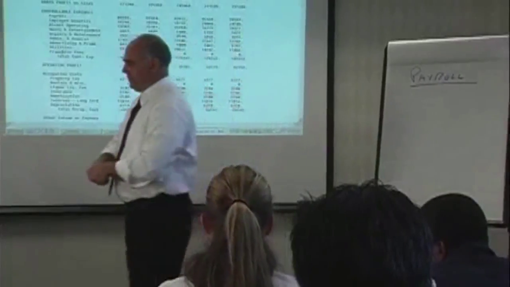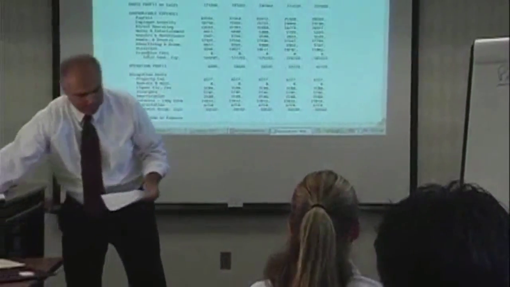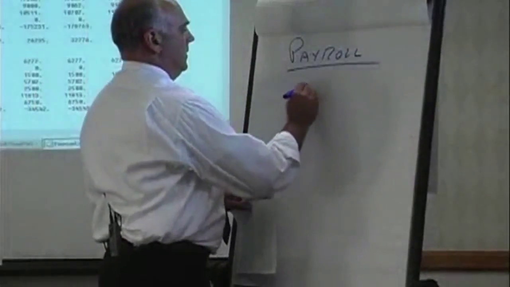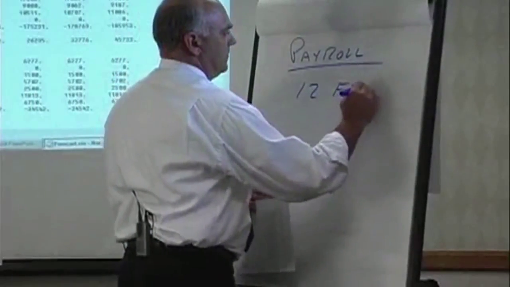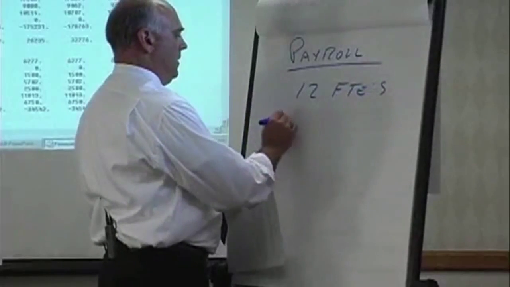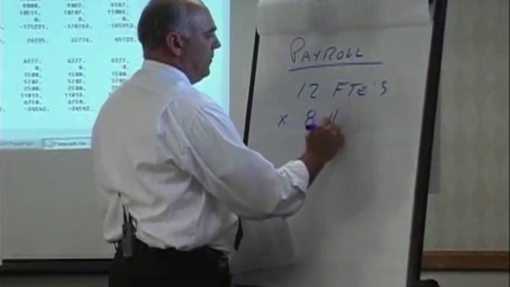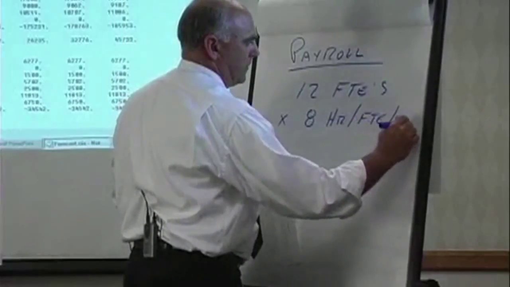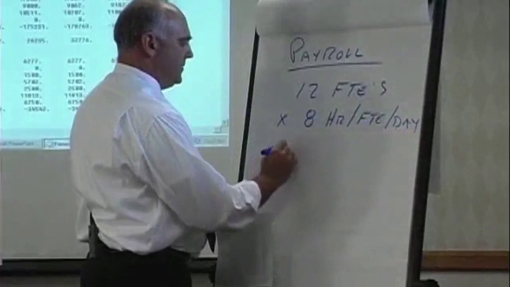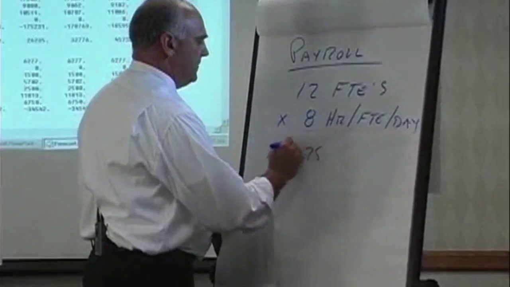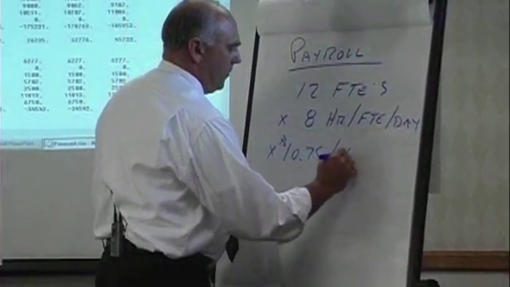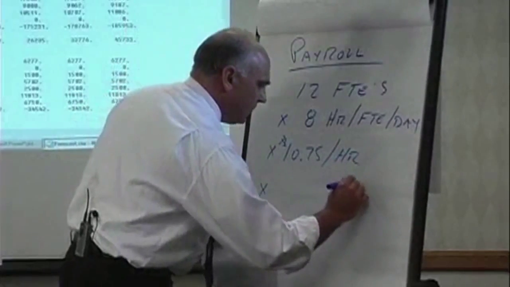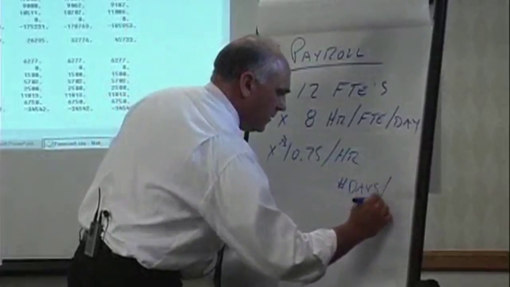Payroll. 12 full-time equivalents times 8 hours per full-time equivalent per day times $10.75 per hour times the number of days in the quarter.